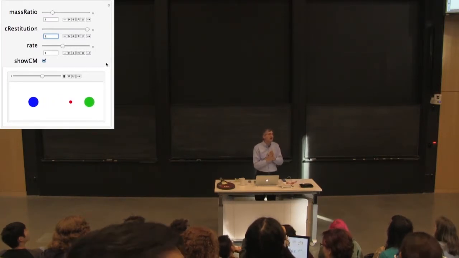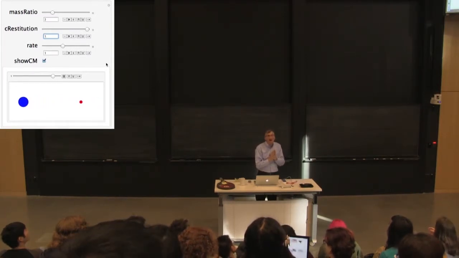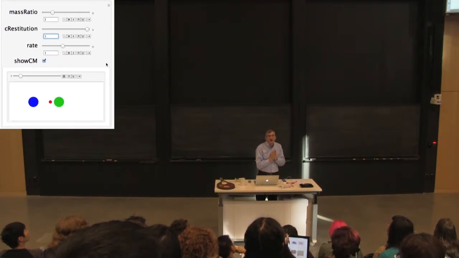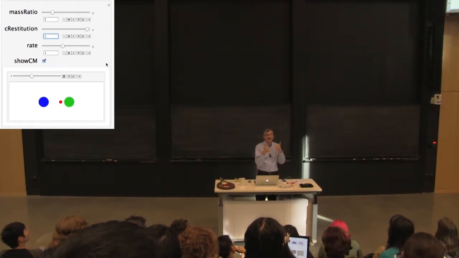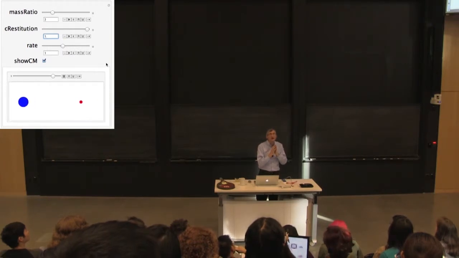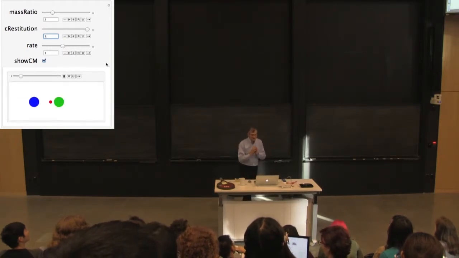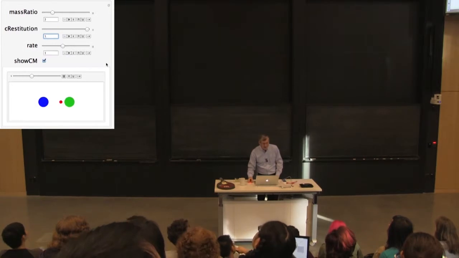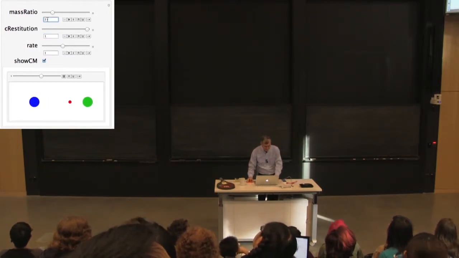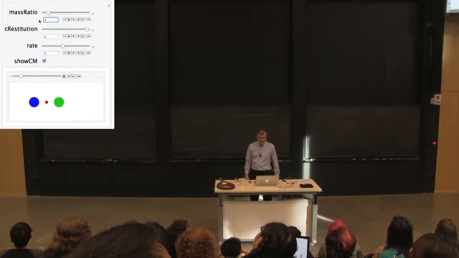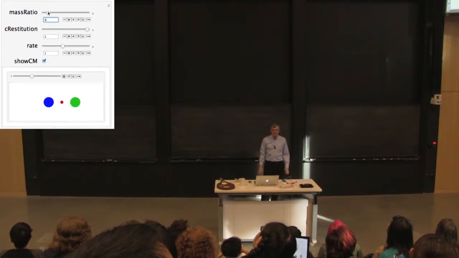Christian: I think that when you get the speed of separation of the two bodies, you divide it by the speed of approach of the two bodies, then you get it. So let's go back to equal mass. This is equal mass and a coefficient of restitution of 1.